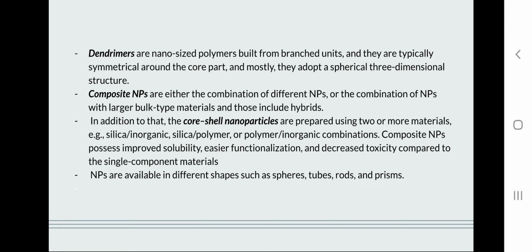In addition, there are core-shell nanoparticles which are prepared using two or more materials. And these nanoparticles are available in different shapes such as spheres, tubes, rods, and prisms.